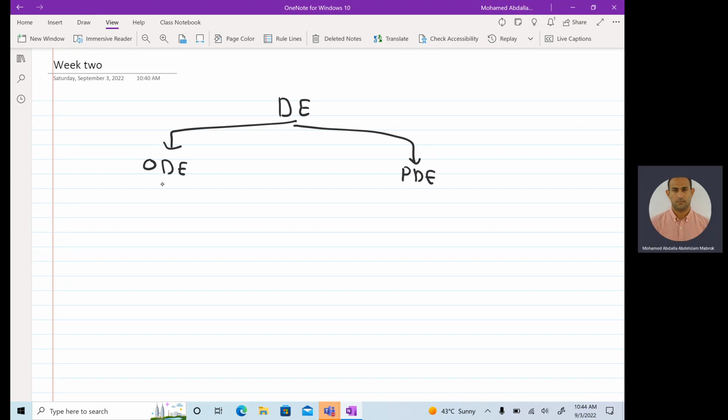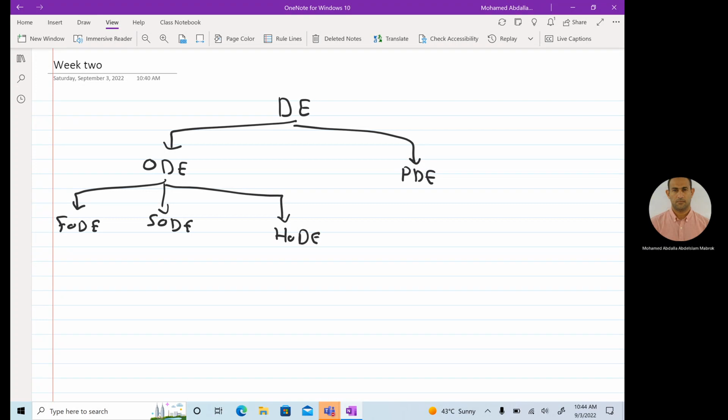In the ordinary differential equations, we can classify them as first order, second order, and higher order differential equations.